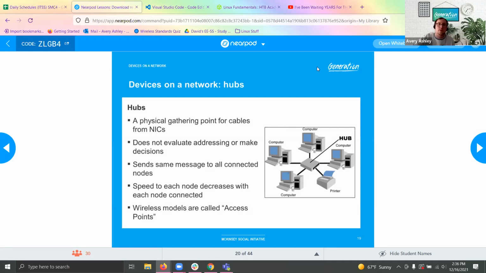So if device X over here wants to send something to device Y over here, it's going to send it through the hub, and the hub is going to send the message out to everything on the network. It knows where the message came from, so it knows not to send it back through the receiving port, but it's going to send it out through all the other ports.